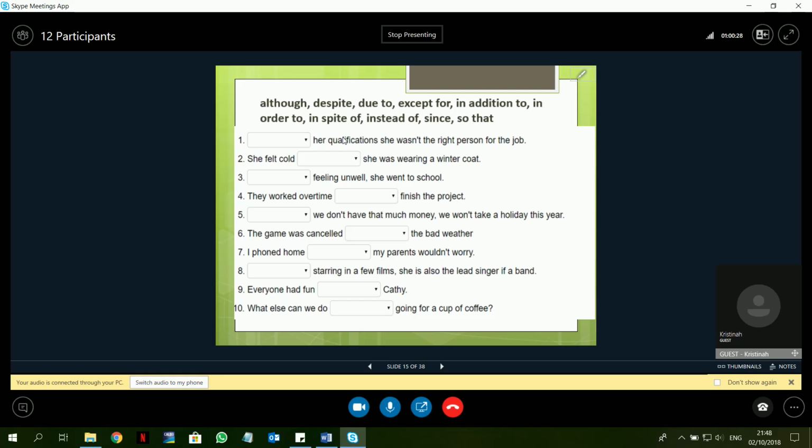Although, despite, in spite of, instead of itu artinya sama. Tapi tadi saya sudah menjelaskan, although itu biasanya perbedaannya hanya seperti ini. Although itu bisa diletakkan di depan, tapi juga bisa diletakkan di tengah.